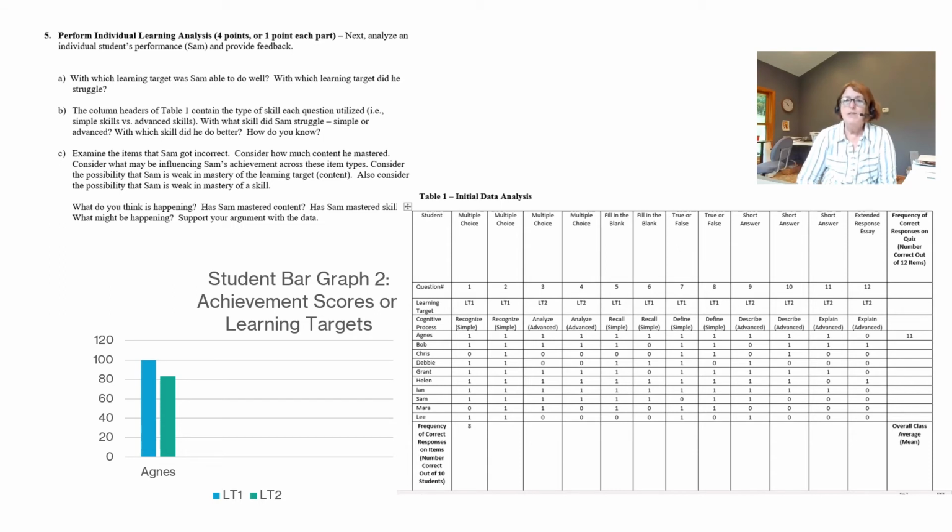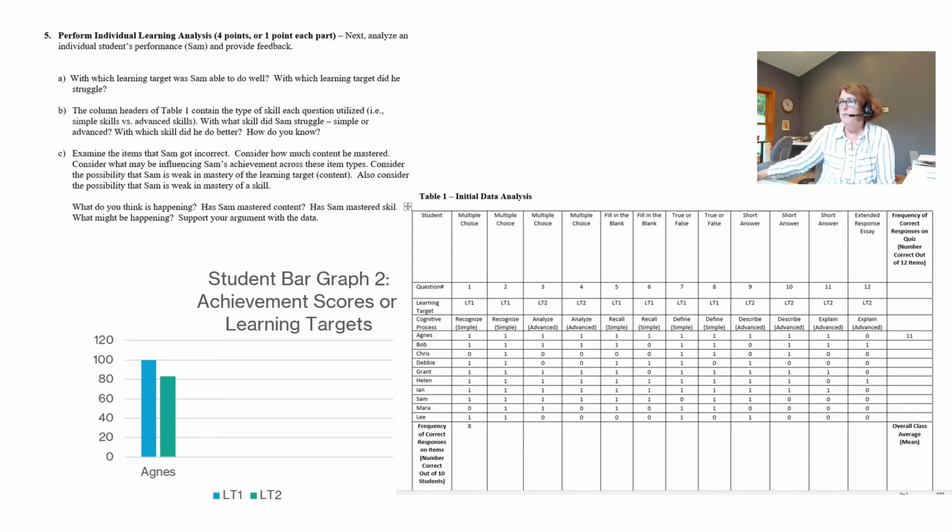Identify is a very simple skill. Whereas if a question asks you to analyze or create or apply, those are more advanced skills. And so if you look at the row in the data table that says cognitive process, you can see going across that each question is aligned with whether it's simple or advanced.